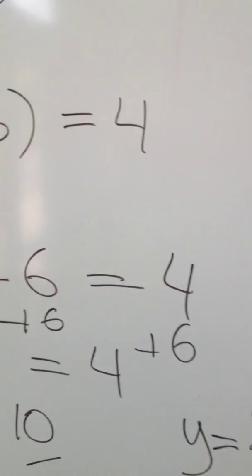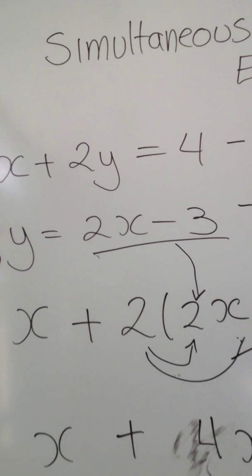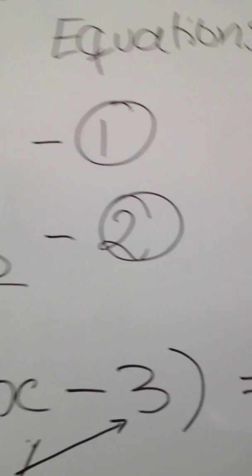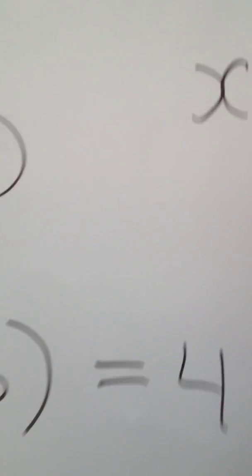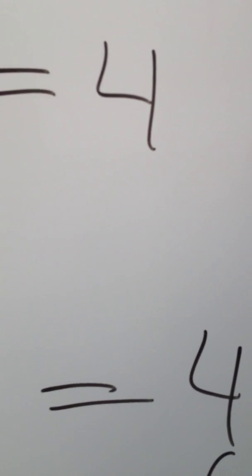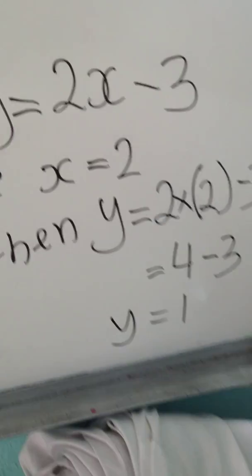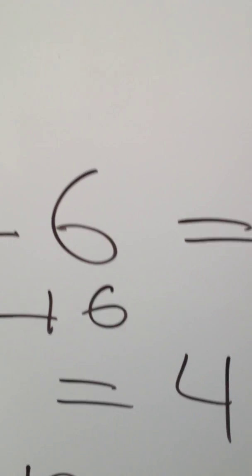So the answer to these two simultaneous equations, for these two to be true, is that x is going to be 2, and that y will be 1.